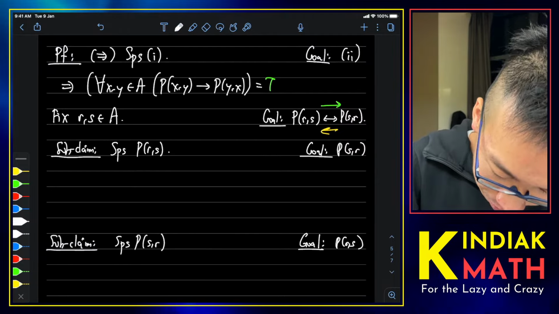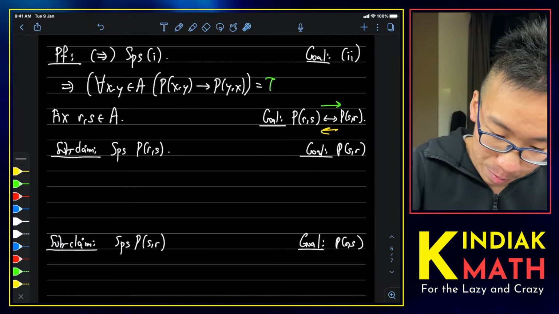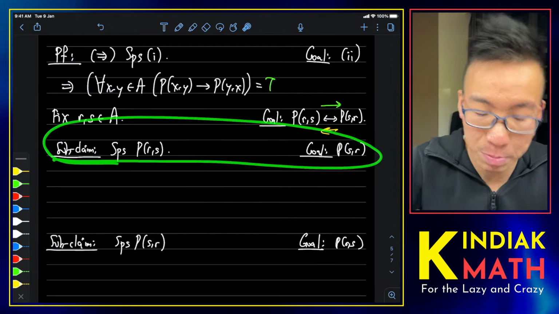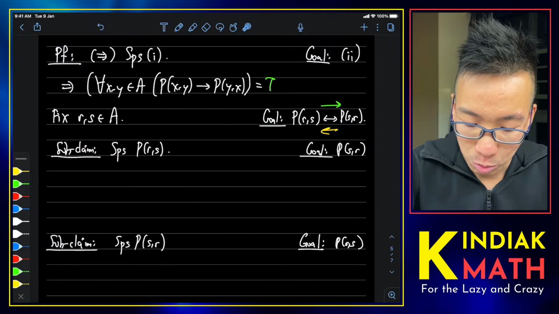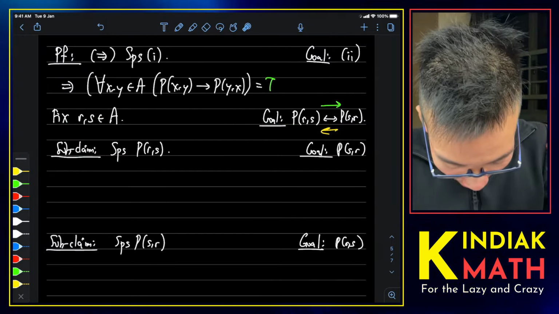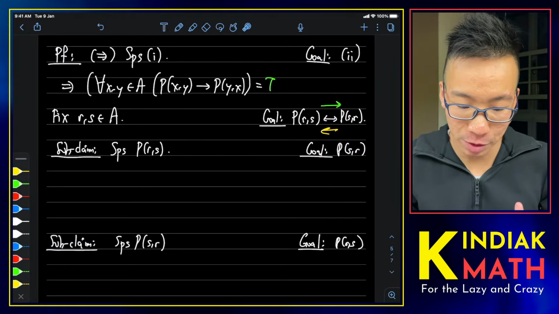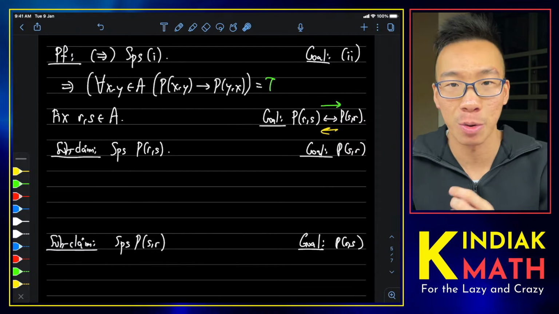So now we're gonna work on each of these subclaims. So here's the first subclaim. Suppose P(R,S), our goal is to get to P(S,R). Now what? Right? We're stuck. Well, this is where I need to ask myself the question, what have I not used in the question?